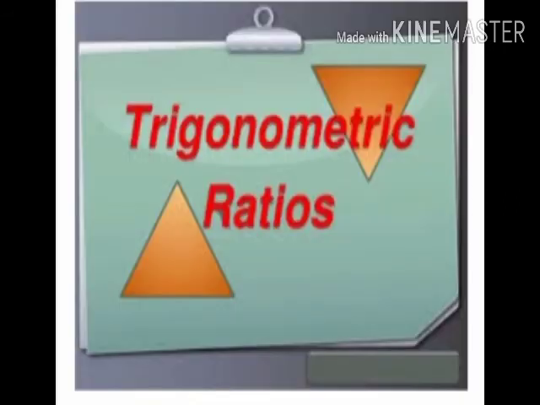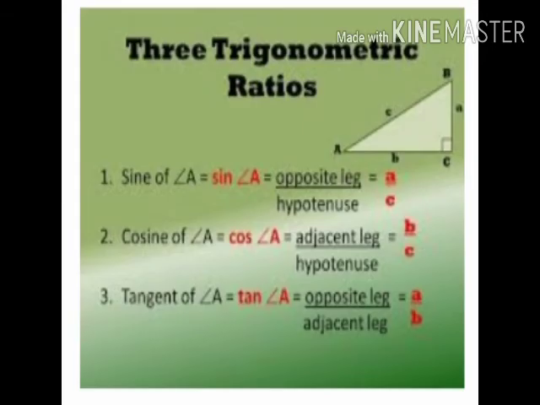So using these three sides, we are going to define trigonometric ratios. There are 6 different trigonometric ratios using these sides. If we consider the opposite side and hypotenuse, then their ratio, opposite side by hypotenuse, is one of the trigonometric ratios, namely sine of the angle.